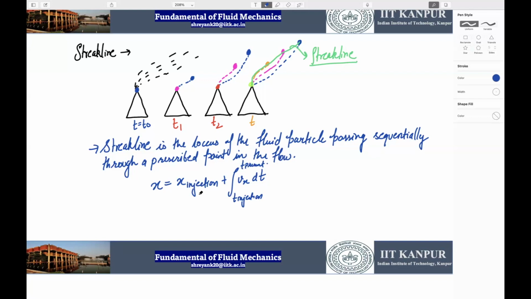So a streak line has the information of where we are injecting and the path. We are joining the positions of the particle, from the time of injection to some time t, and it will follow some path which is called a streak line.